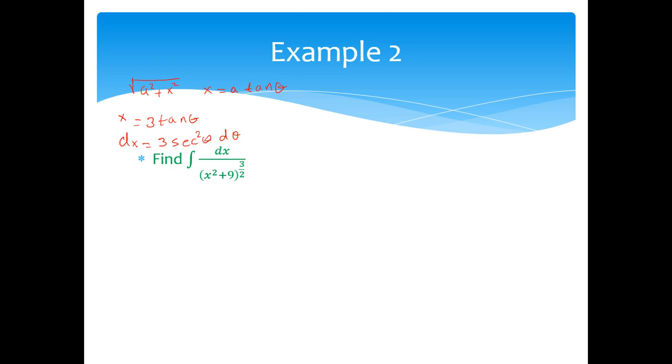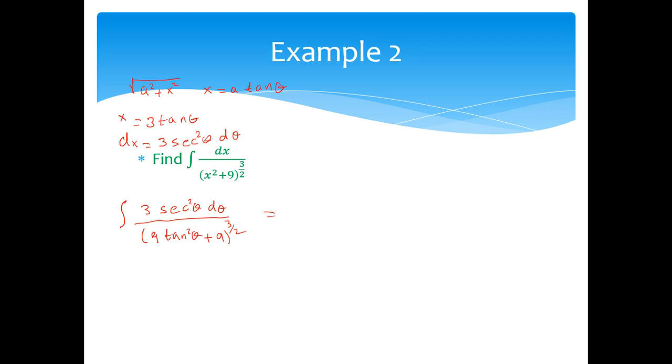Okay, so we do the substitution. We're going to have 3 secant squared theta d theta divided by 9 tangent squared theta plus 9, raised to the power of 3/2.